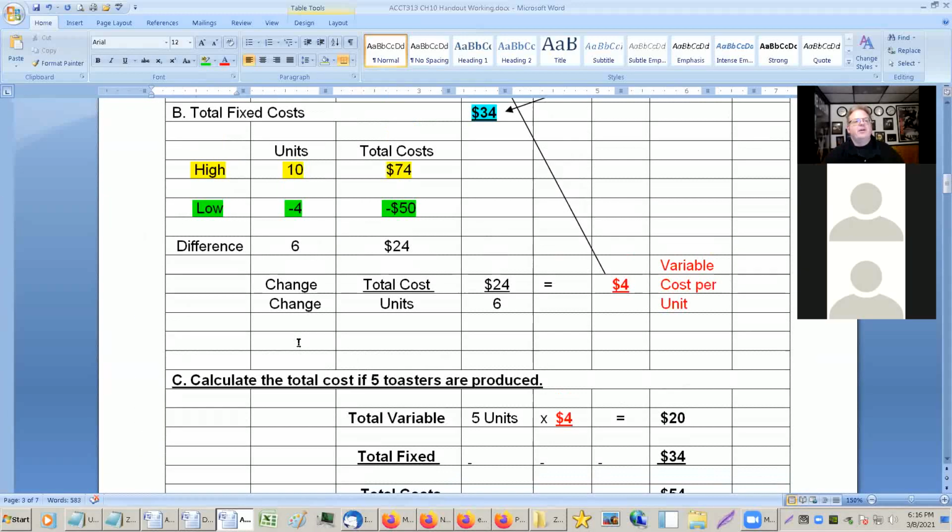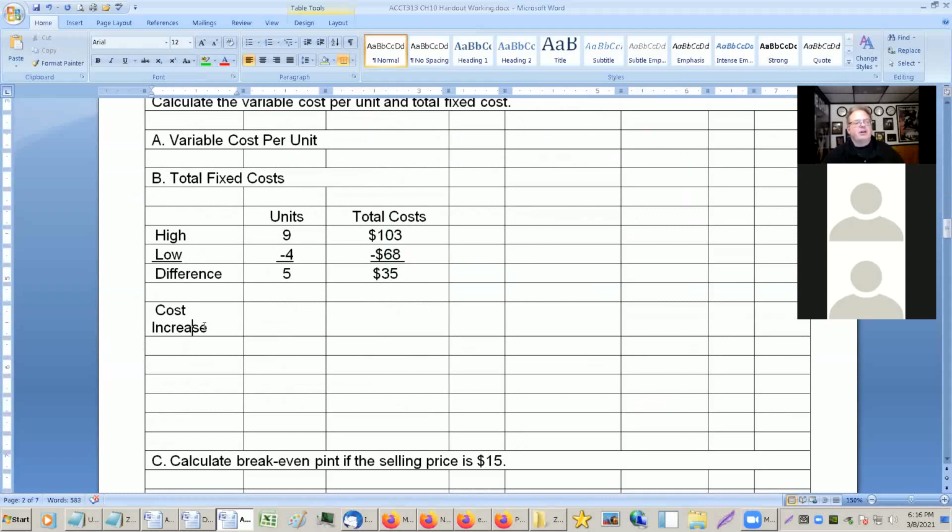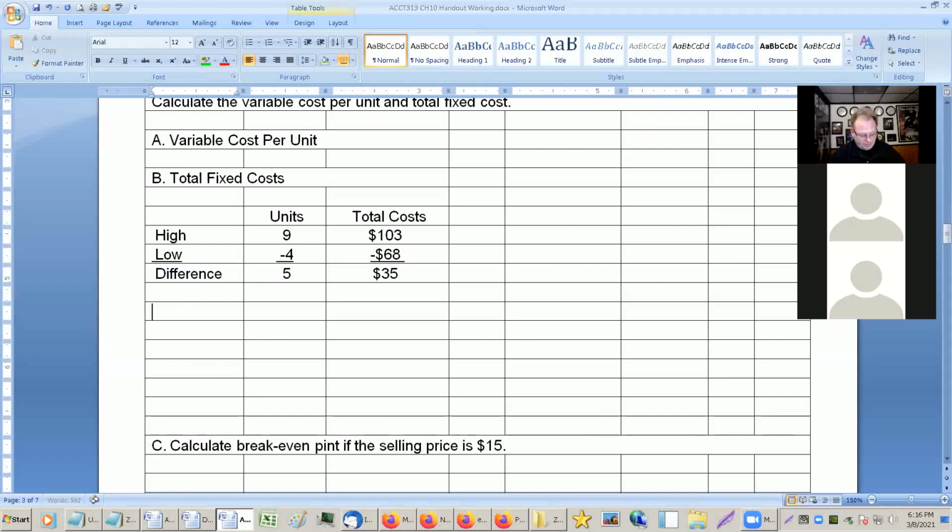Okay, so change in total cost. So we're going to change in the total cost over the units.